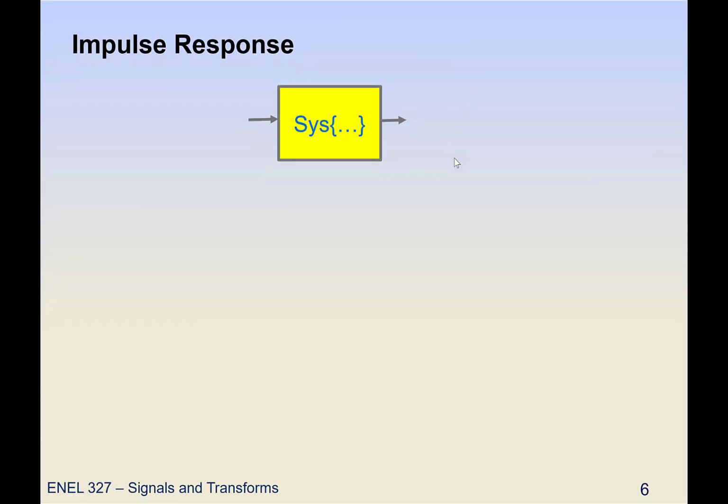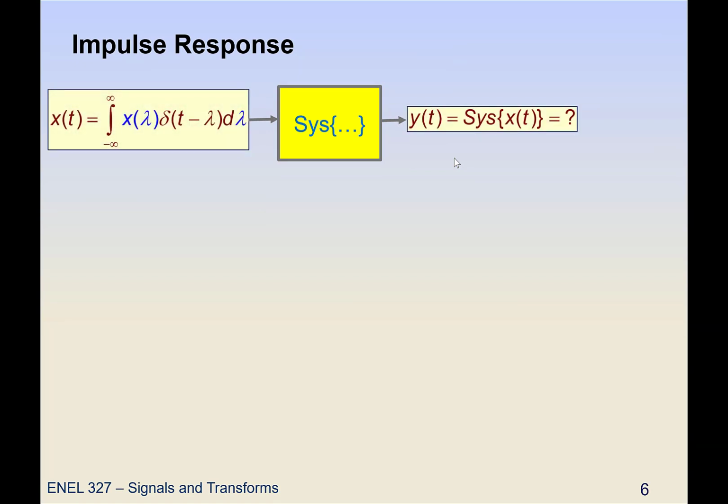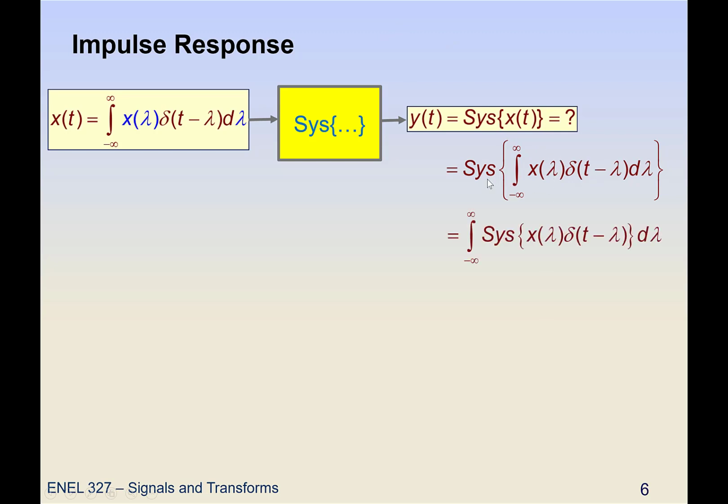So let's be a little bit more explicit about that. Okay, so let's take a look at the right-hand side. Basically, the system operator is operating on the input, and we've just put that inside the brackets here. But because the system is linear and time invariant, we can swap the order of integration versus the system operation. Integration is linear, the system is linear, so we can swap their order.